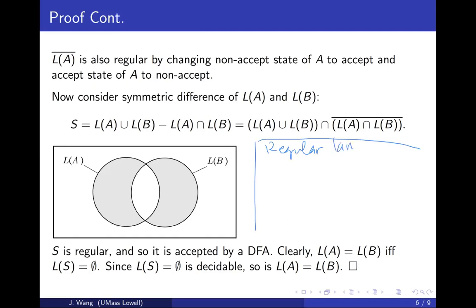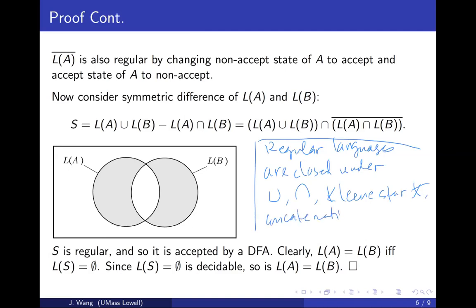Regular languages are closed under union, intersection, Kleene star, concatenation, and complement. We also know that they are closed under reversal.